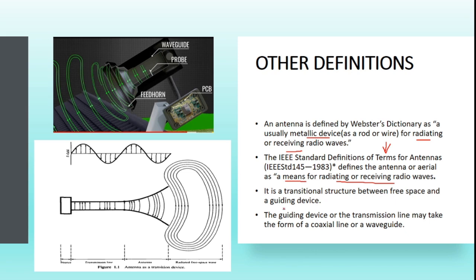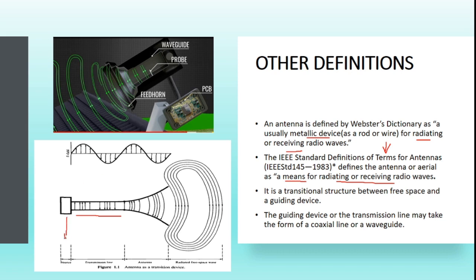And this guiding device is nothing but the transmission line that we see here, that is straight in nature. And this transmission line might be a coaxial cable or it might also be a waveguide when we go for very high frequency transmissions, right? So this diagram depicts the transition. It is similar to the previous diagram. So we have a source.